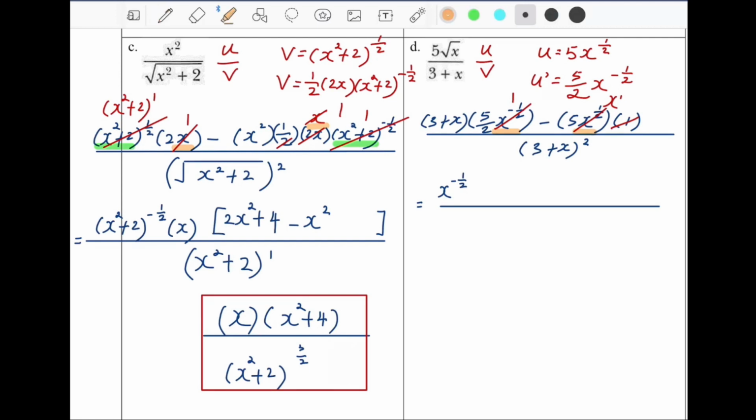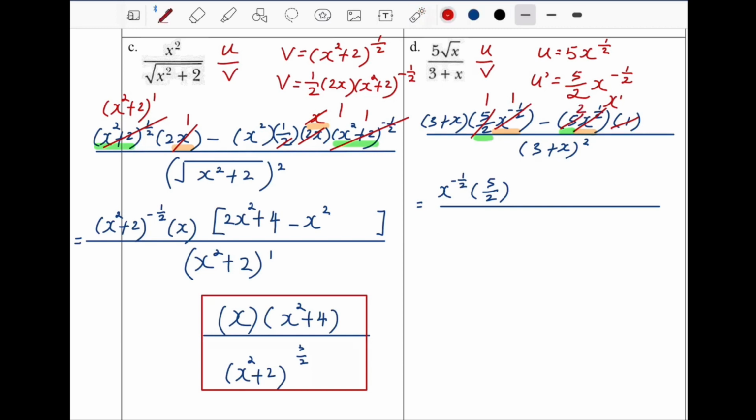Anything else? 5 over 2 and 5. So between 5 over 2 and 5, the smaller one would be 5 over 2. So I take out 5 over 2. This divided by this, 1. 5 divided by 5 over 2, what do we have? 2.